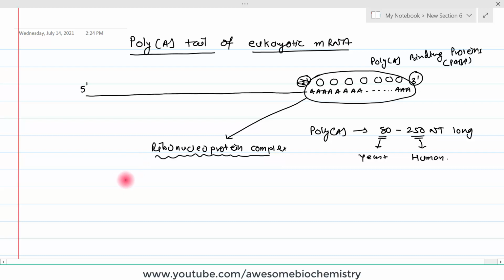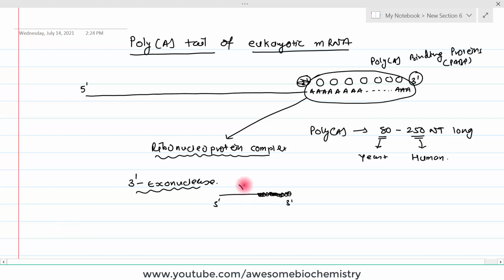Now, in our body, there is one enzyme known as 3' exonuclease. What this 3' exonuclease does is, any nucleic acid which is lying nascent, from the 3' end, this enzyme will start digesting it. It will remove nucleotides one by one from the 3' end.